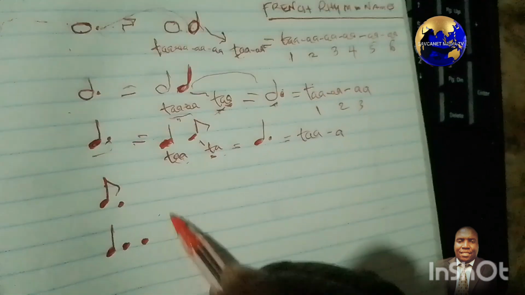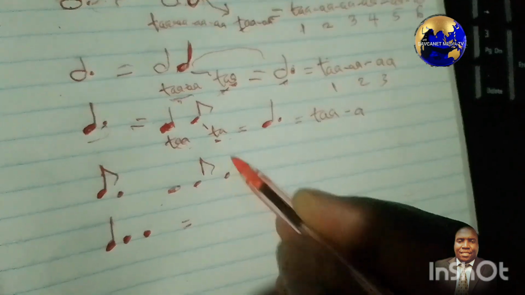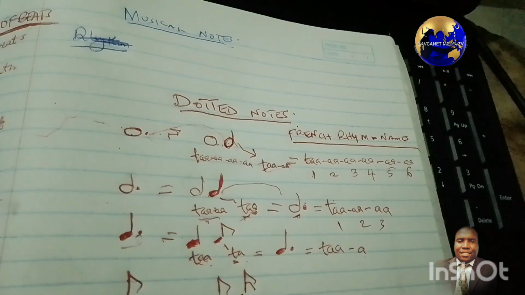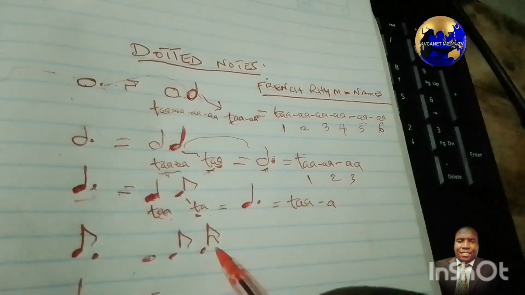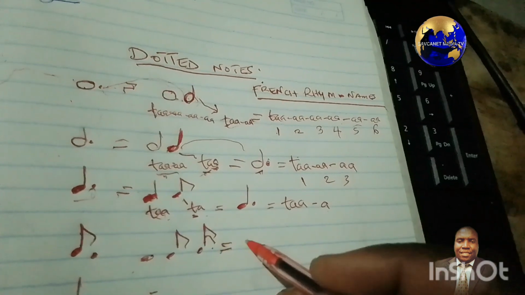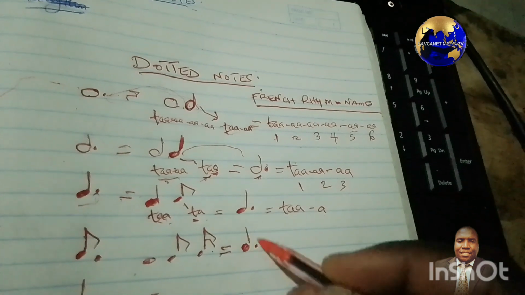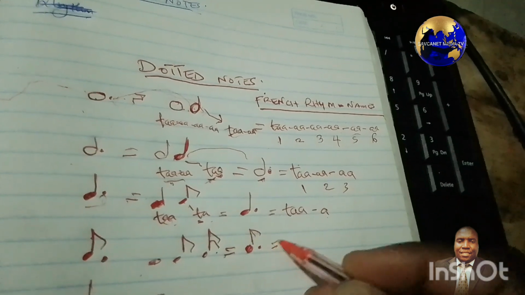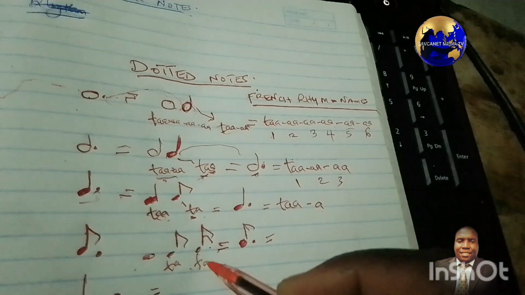Okay, what about a dotted quaver? It is written as a quaver and its half, which is a semiquaver. So it's written as a quaver and its half, which is a semiquaver. The French rhythm names for a dotted quaver are written as ta and fa.